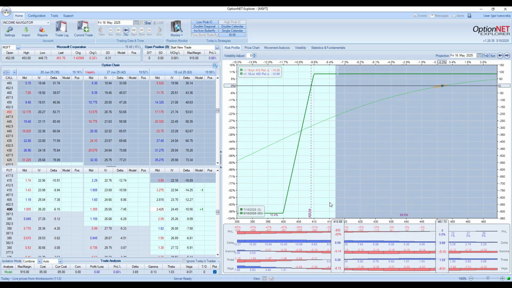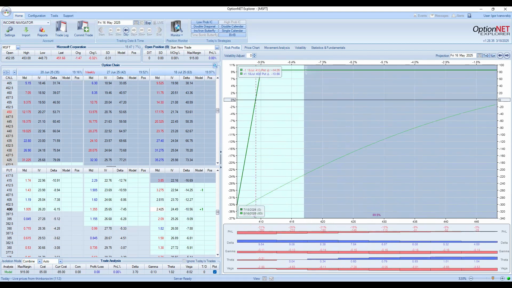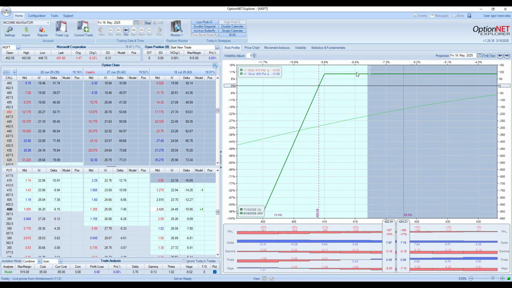Because if we look at downside break even, which is the short put strike minus the premium we're collecting, so 410 minus 0.85, our downside break even is 409.15. For as long as Microsoft is above 409.15 at expiration, this trade is going to make something.